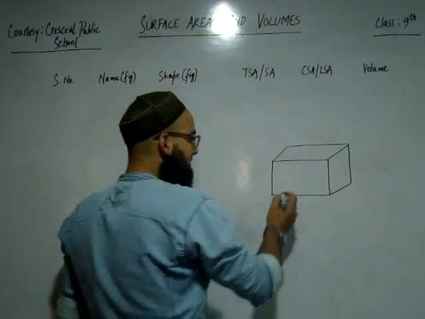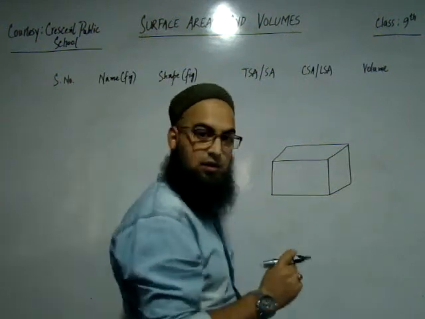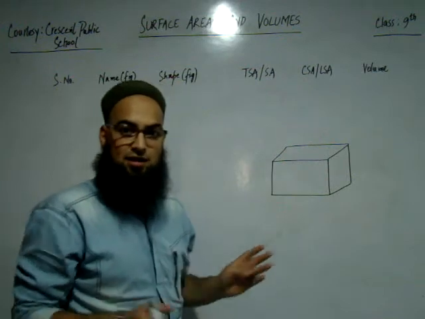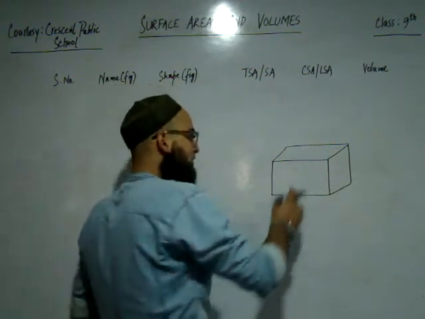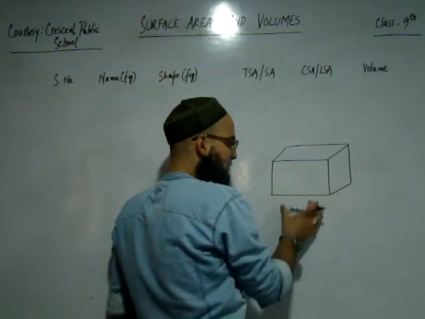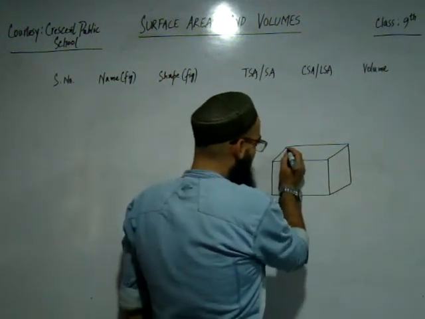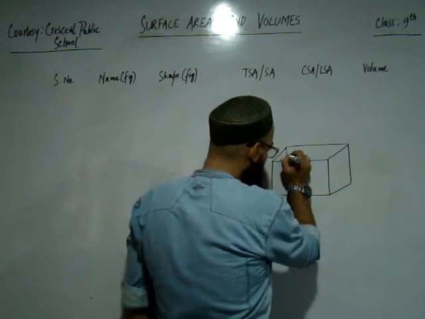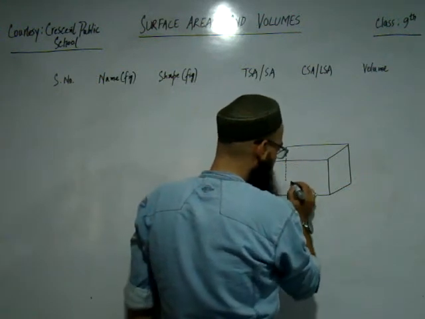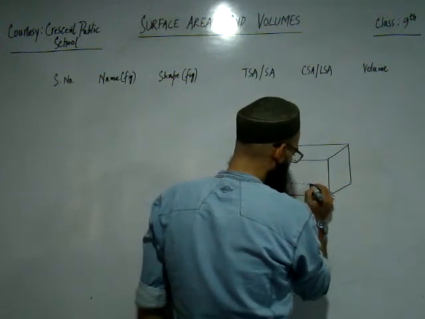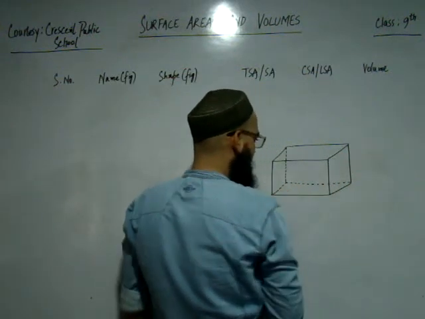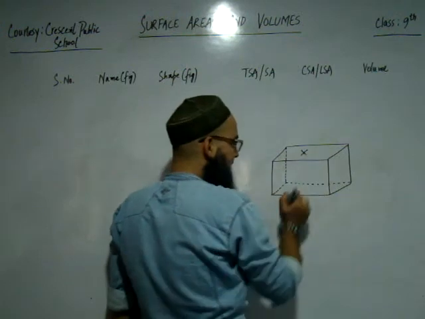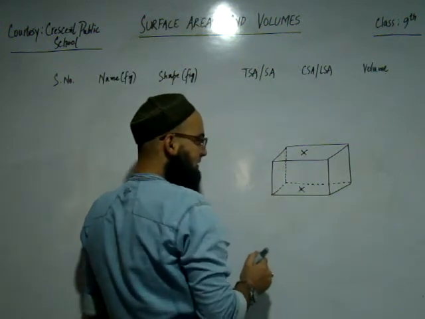When you are leaving two opposite sides, for example, you leave top and you leave bottom. I'll show you like this. If you leave this one and leave this one, what is left?